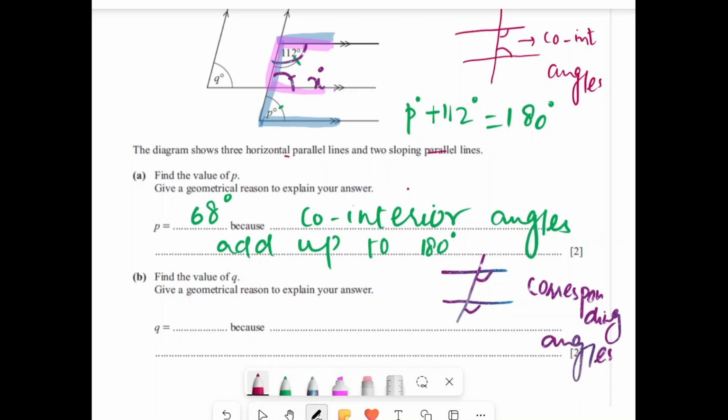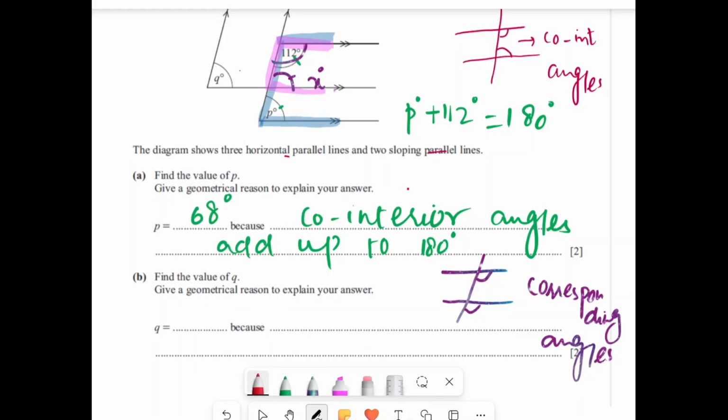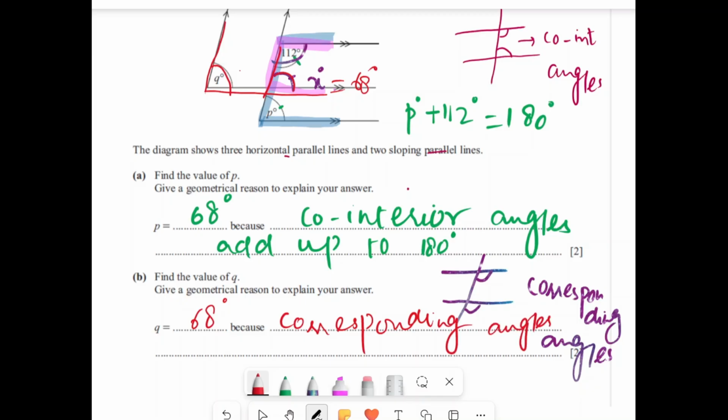So if you see over here, this angle and this angle must be equal. So Q degrees is equal to X degrees, and X is our 68. So Q is also 68 degrees. And what will be the reason? Reason will be corresponding angles are the same.